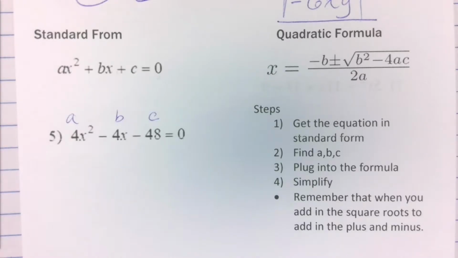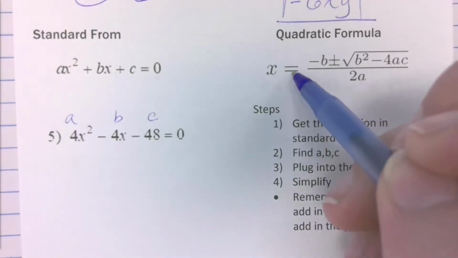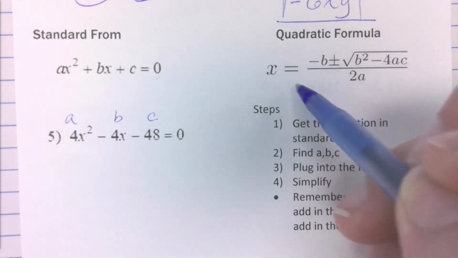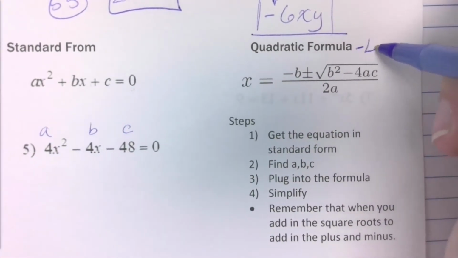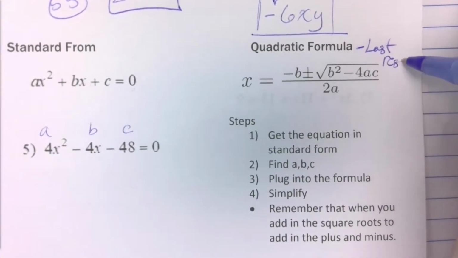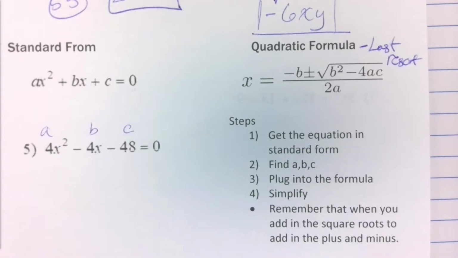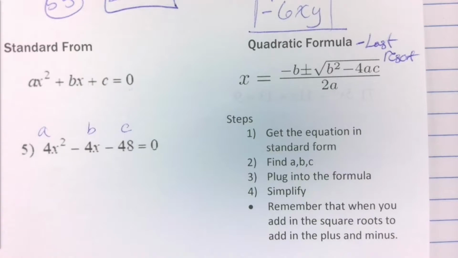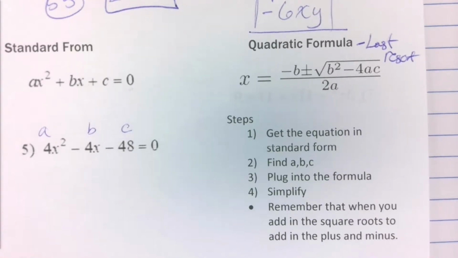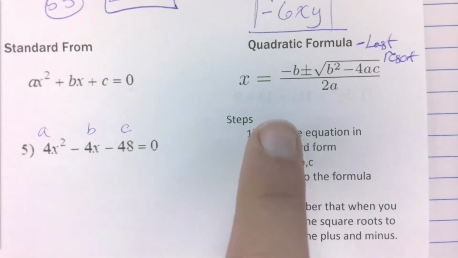Now, I'm going to tell you, this formula is my last resort. It works every single time. It works when you have to complete the square. It works when you need to square root. It works when you need to factor. It works when you need to, basically any technique this works for. I just don't want to have to use that formula unless I have to.